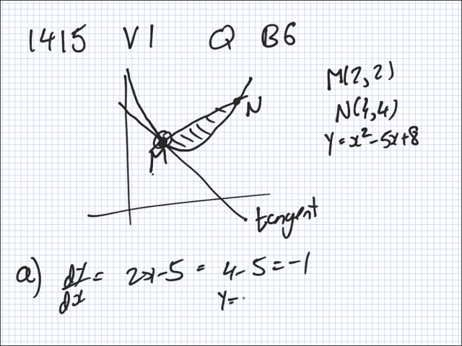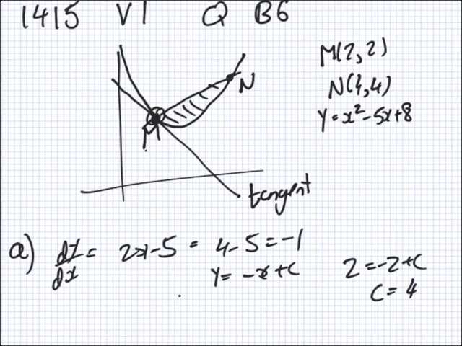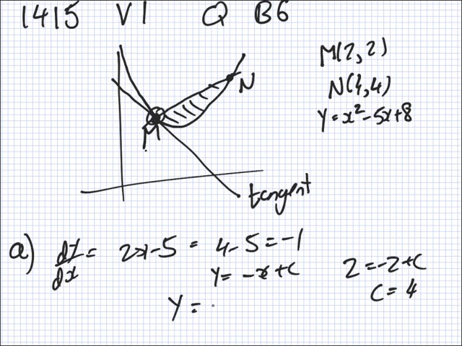And I have y equals mx plus c. How do I get the c? Sub in 2, 2. So you have 2 equals minus 2 plus c. So c equals 4. How many marks for that? 3. Okay. Minus x plus 4.